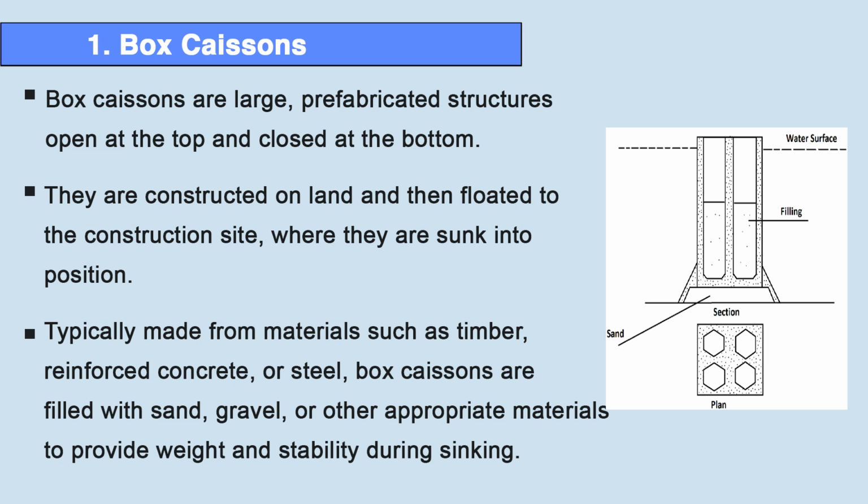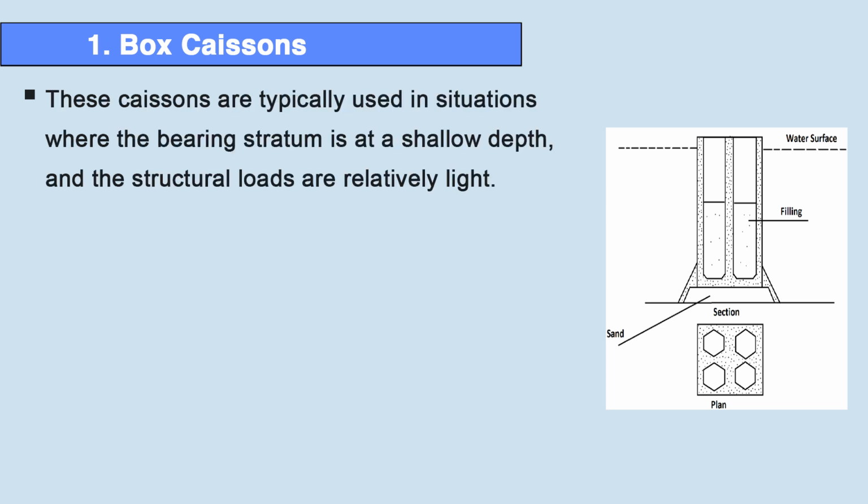Box caissons are filled with sand, gravel or other appropriate materials to provide weight and stability during sinking. These caissons are typically used in situations where the bearing stratum is at shallow depth and the structural loads are relatively light.